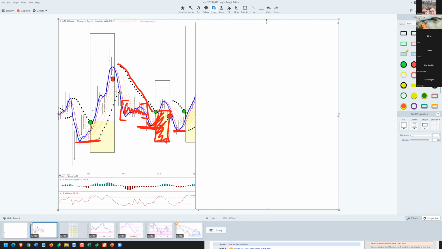This is starting to get problematic because now I've got these lower lows. That's supposed to work. Standard risk box in play. And this is the same entry level as the previous one.